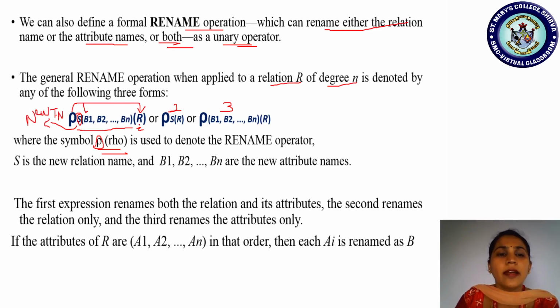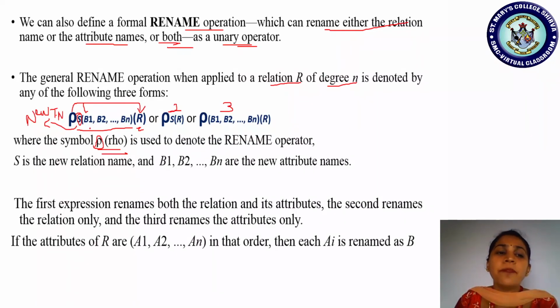Okay, then let us consider R as an employee relation. For the employee relation, the new table name we are giving is S, and in the employee relation there are attributes like first name, middle initial, last name, SSN, salary, etc. All those attributes that exist in the employee relation are renamed with new attribute names, B1, B2, B3, like that.